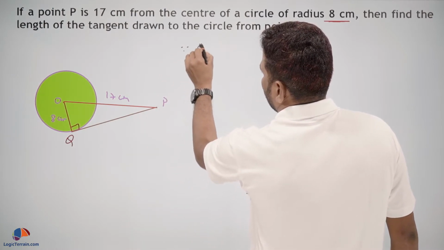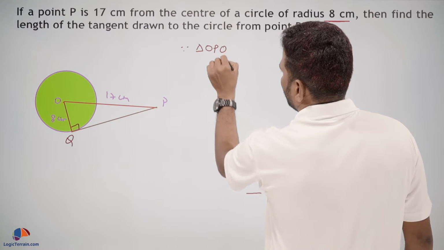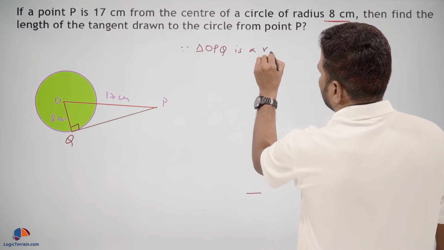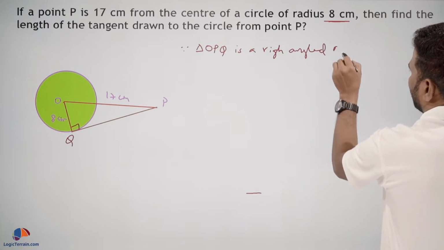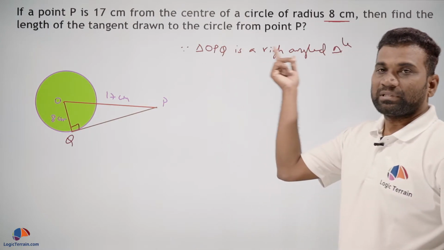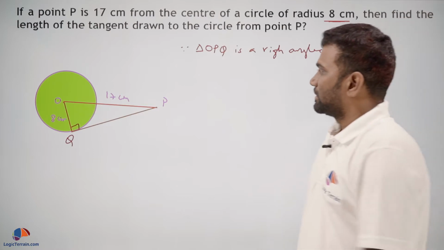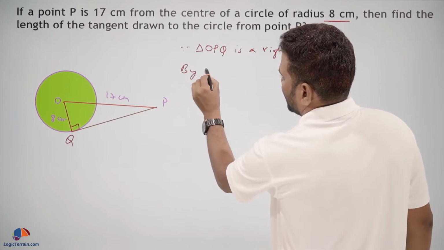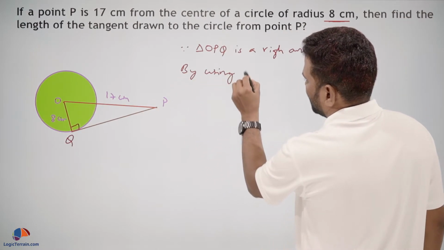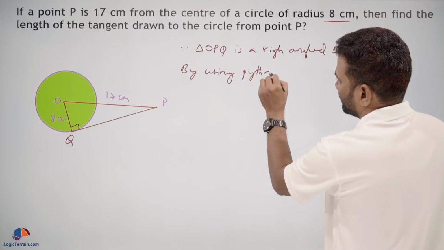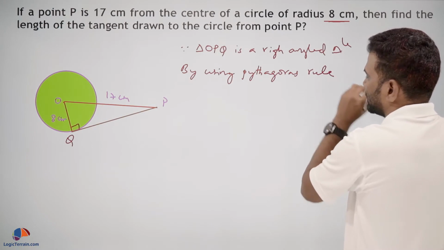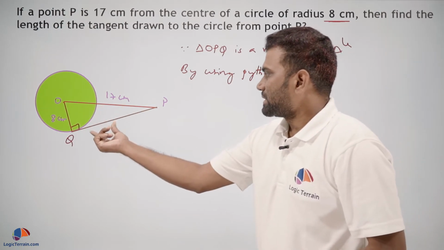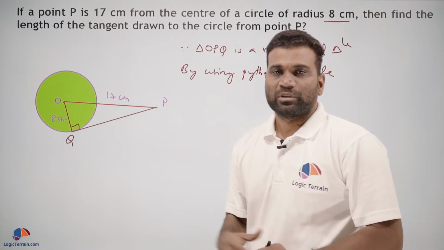Since triangle OPQ is a right angled triangle, then by using Pythagoras rule, we have side square plus side square is equal to hypotenuse square.